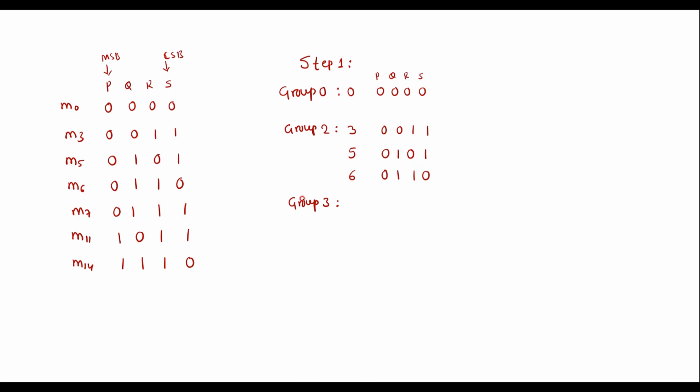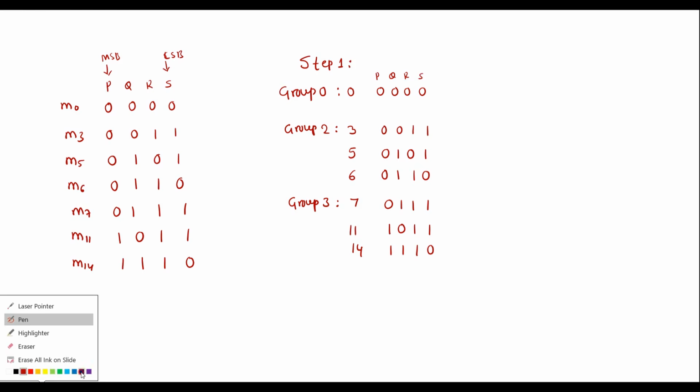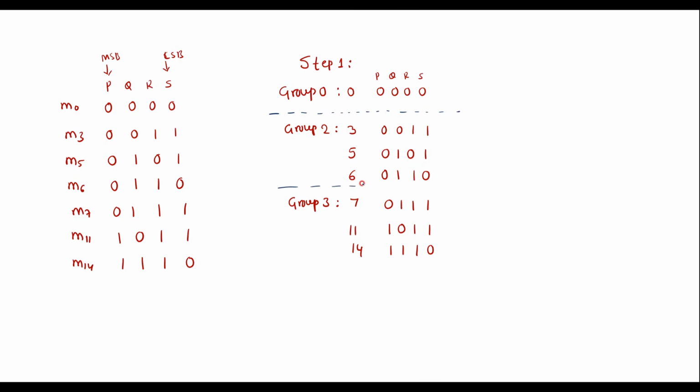Now let me represent that. 7, that is 0, 1, 1, 1. 11, that is 1, 0, 1, 1. We have 14, that is 1, 1, 1, 0. So now let me write the partition, that is this is group 0, this is group 1, group 2 and this is group 3.